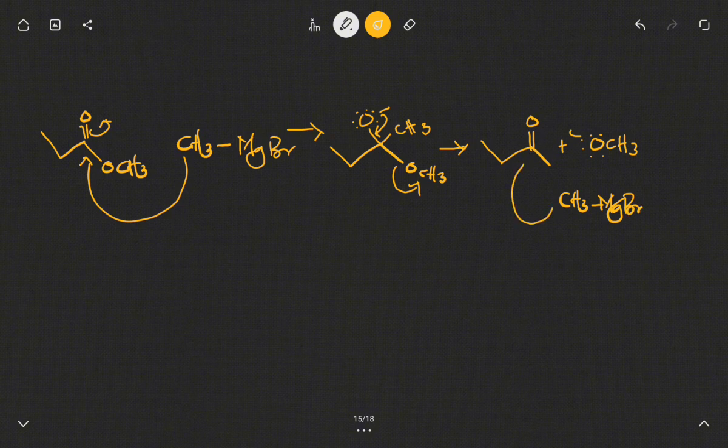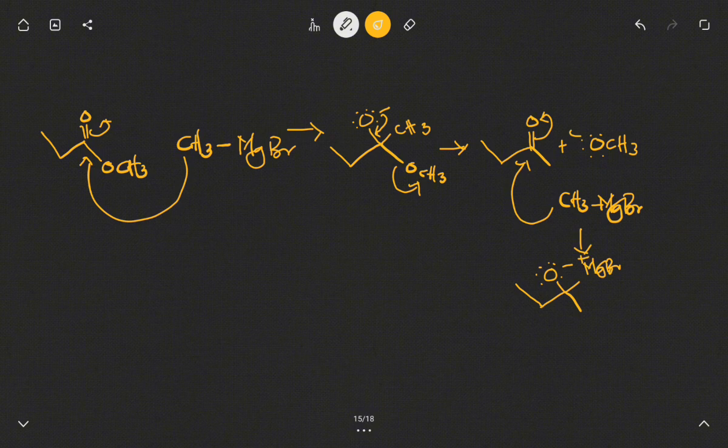Now this carbon again attacks the carbonyl carbon of the ketone, throwing the electrons to the oxygen, and we are going to have, alright, so that is the intermediate. Again, we'll have the MgBr hanging around here.